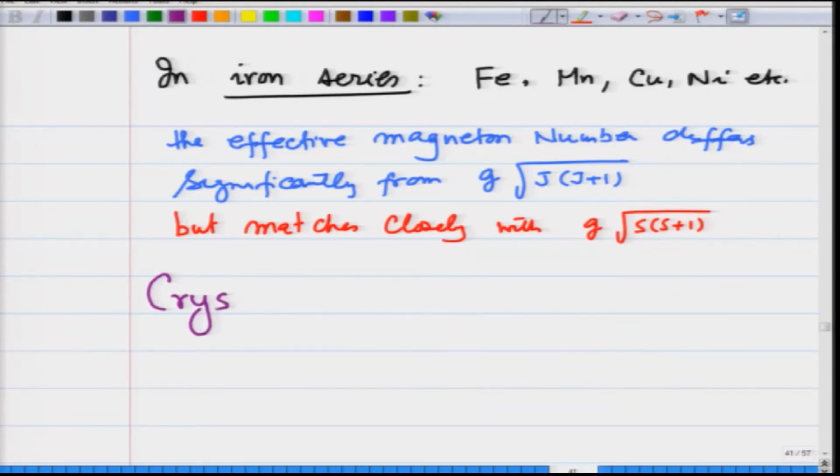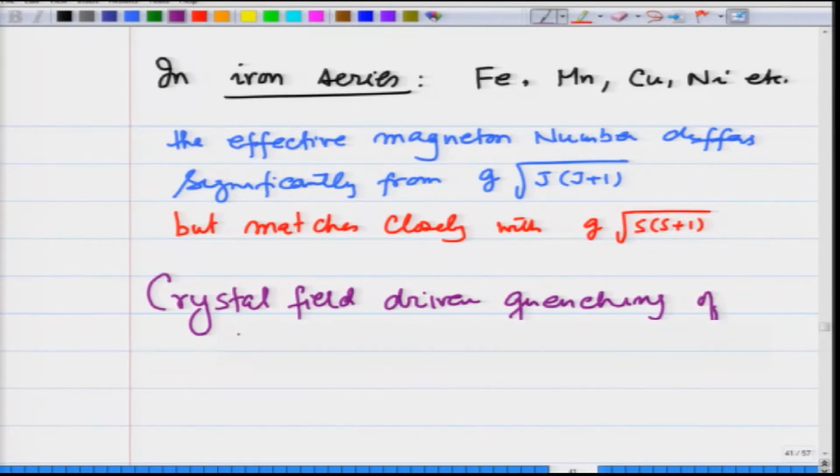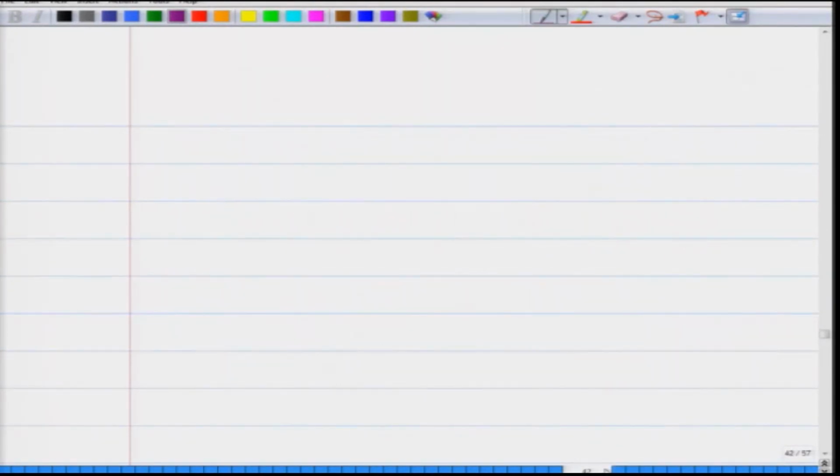And this introduces an idea called crystal field driven quenching of orbital angular momentum. What does it mean? Let us understand that.